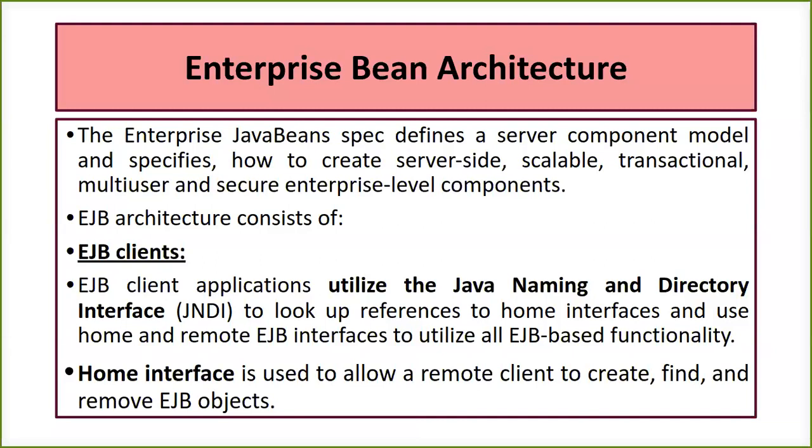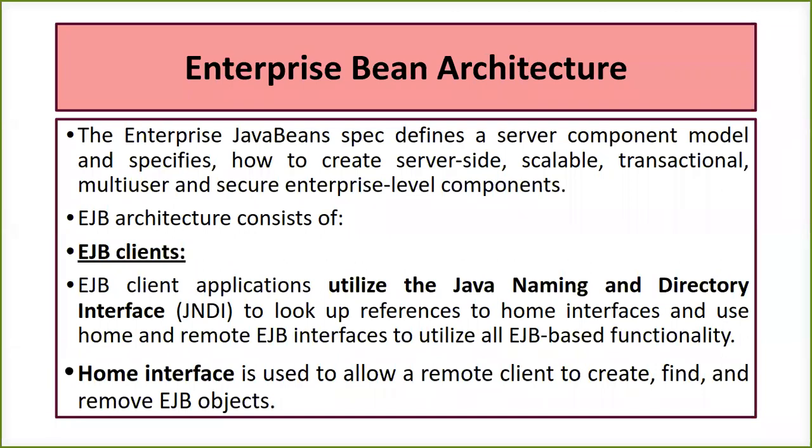As we all know why we need an object: we have classes like the file input stream and output stream classes, we have a number of buffers created, we have the concept of serialization where we have object input stream and object output stream. So we have a number of objects which we can create to deal with the EJB objects. Similarly, we can have EJB objects where we are able to create, we can find which object is doing what right now, we can try to access some information using the objects, and if we want to remove the objects completely, we can make use of home interfaces.